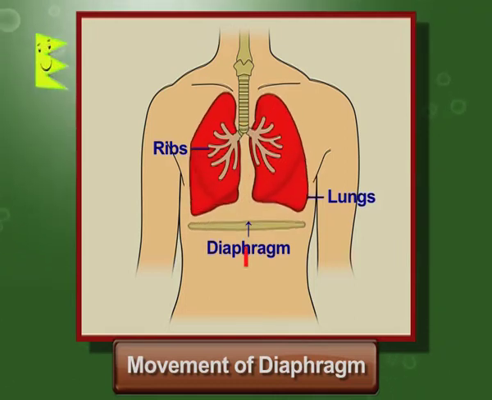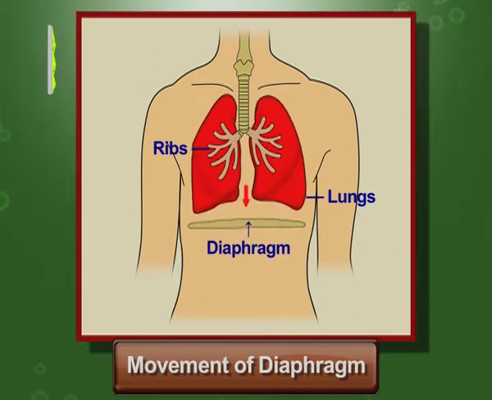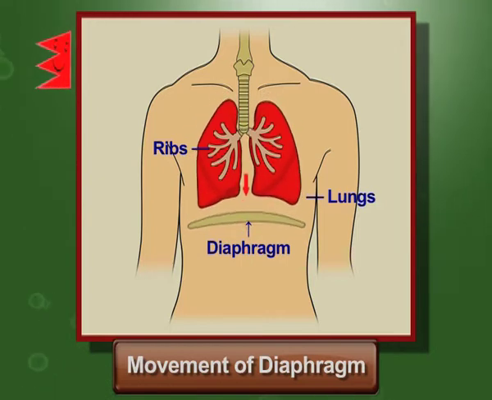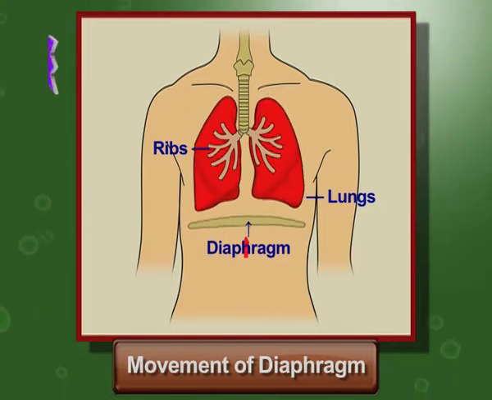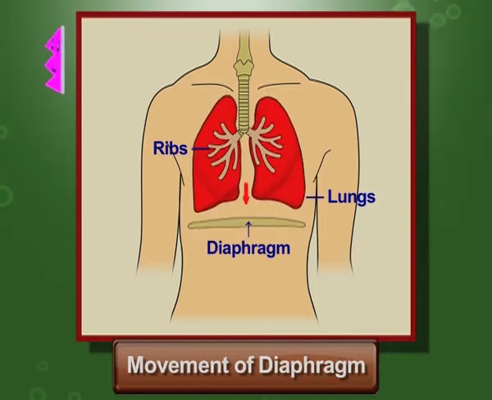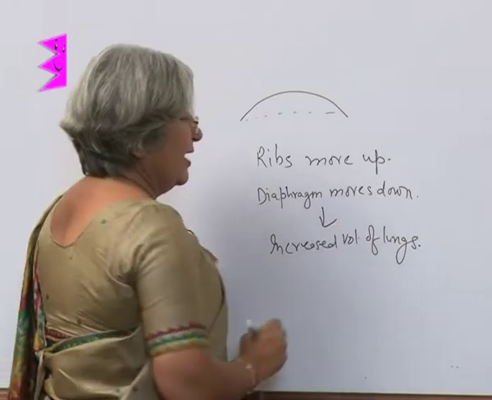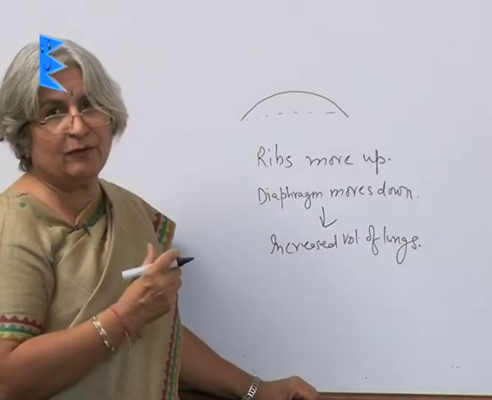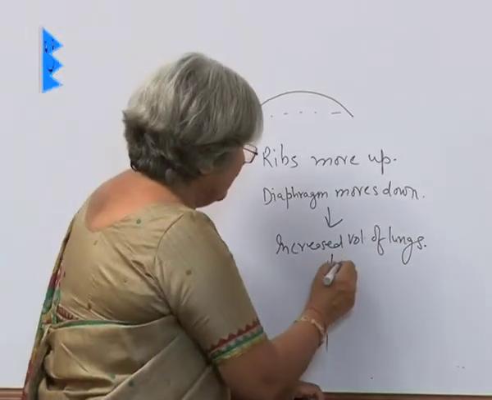Now, what is the result? When the ribs move up and the diaphragm moves down, this leads to increased volume of lungs. As there will be an increase in the volume of lungs, the pressure will decrease.